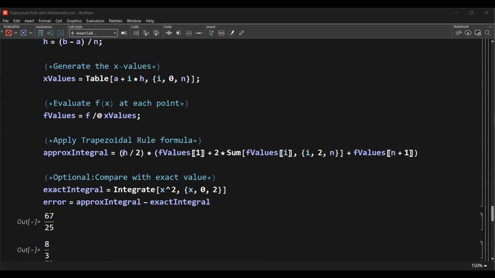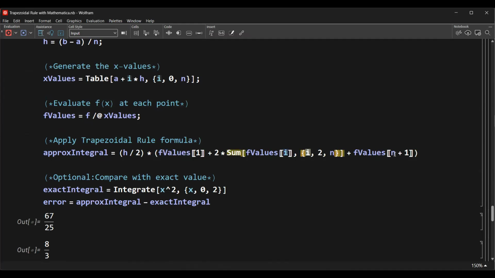So this is the trapezoidal rule formula here. So h over 2, then the first value of f. So this is the first point, the first value of x. We have the second value of x here up to n. So i here is from the second point to the second to the last point here.